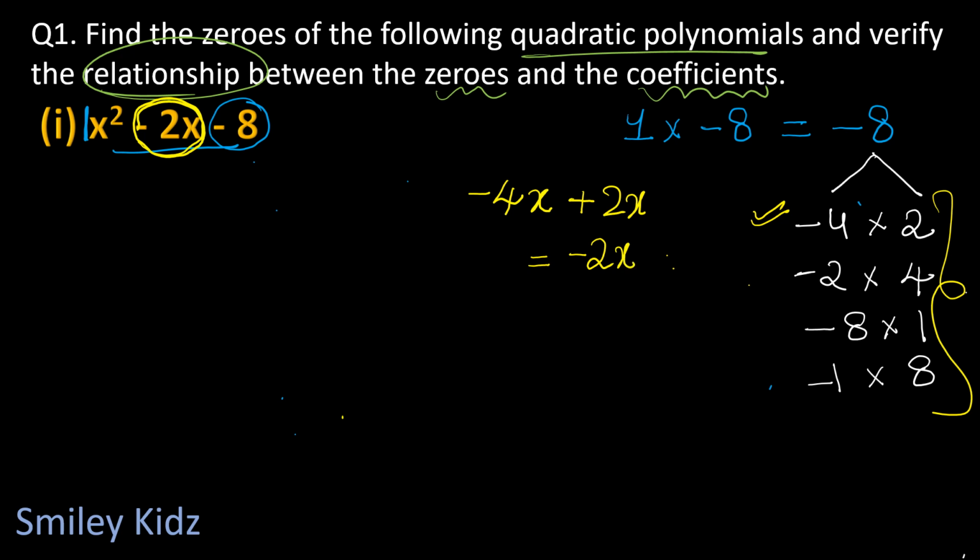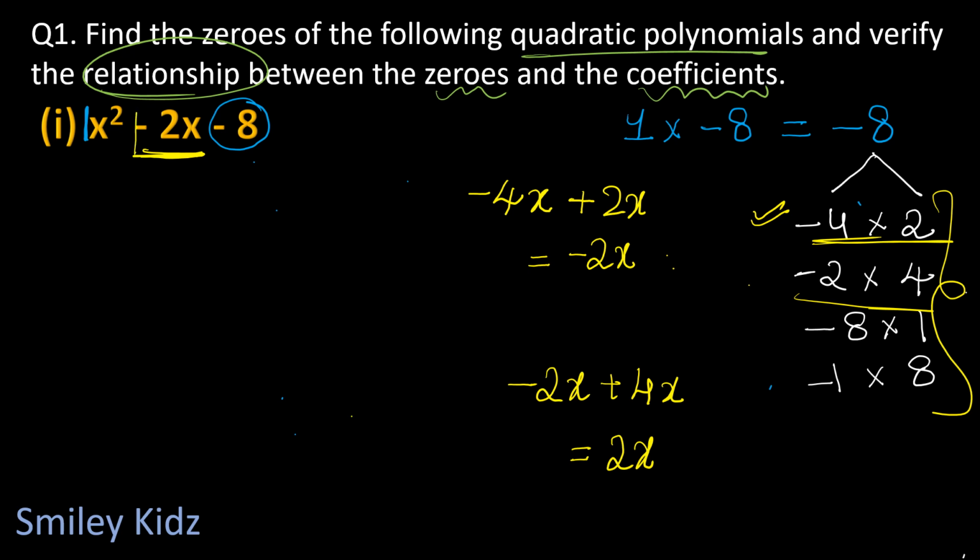If we take a look at the other factors, let's suppose the second one, so it is minus 2x plus 4x. In this case, the resultant answer will be 2x, but we require minus 2x. So we're going to add or subtract these factors in order to get the minus 2x.